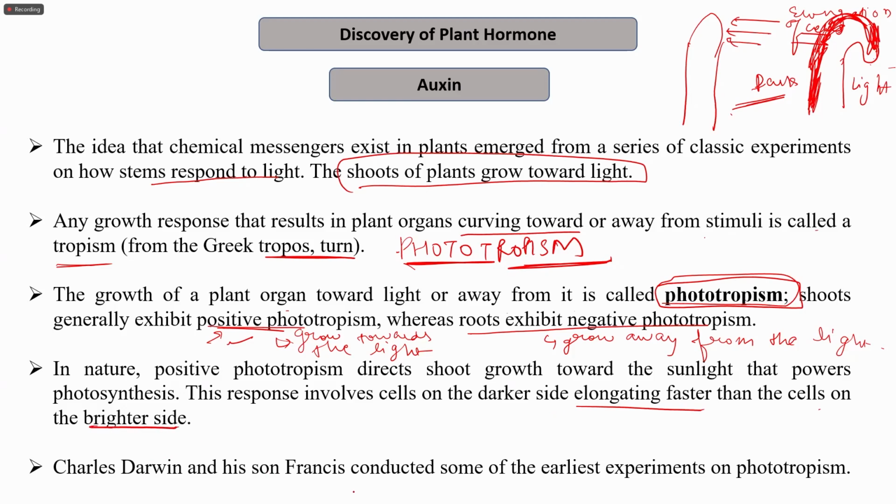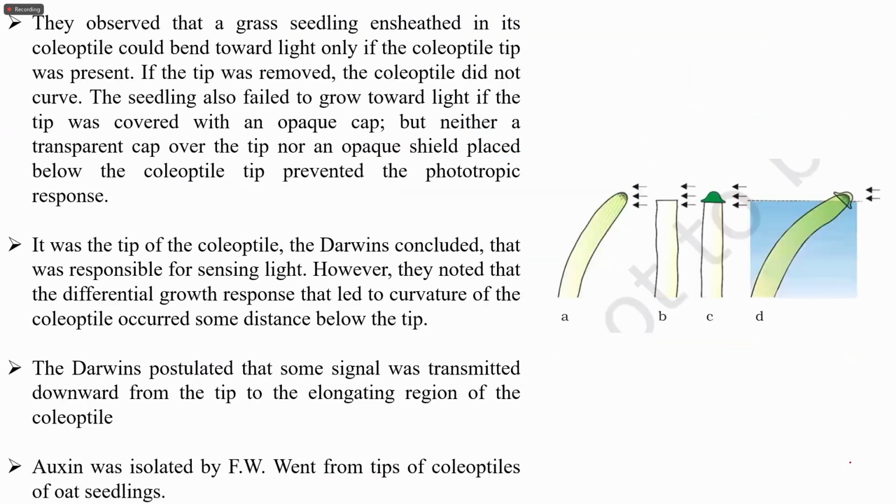Charles Darwin and his son Francis conducted some of the earliest experiments on phototropism. So we will see what experiment was conducted. In this experiment, they carried out 4 sub-experiments. In the first one, there was a shoot exposed to the light, and we can observe the shoot bending towards the light.